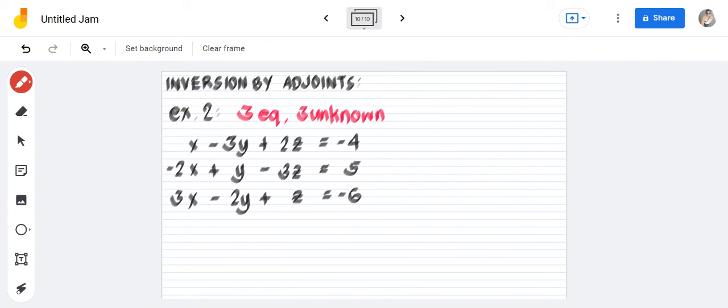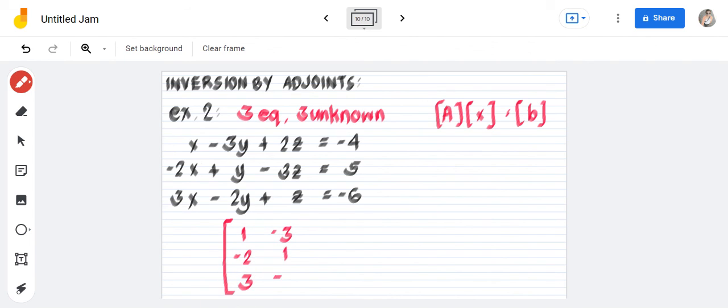From our discussion, we now transform our equations into the form AX equals B. For A, our coefficients, that will be 1, negative 2, 3; negative 3, 1, negative 2; 2, negative 3, 1.